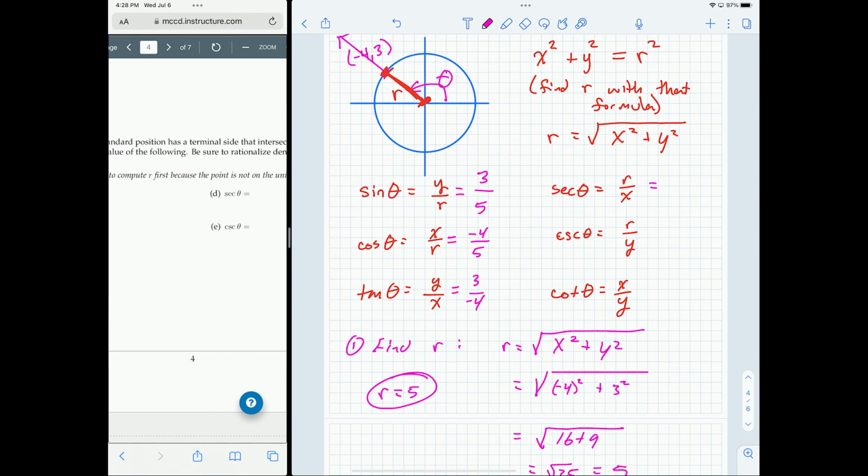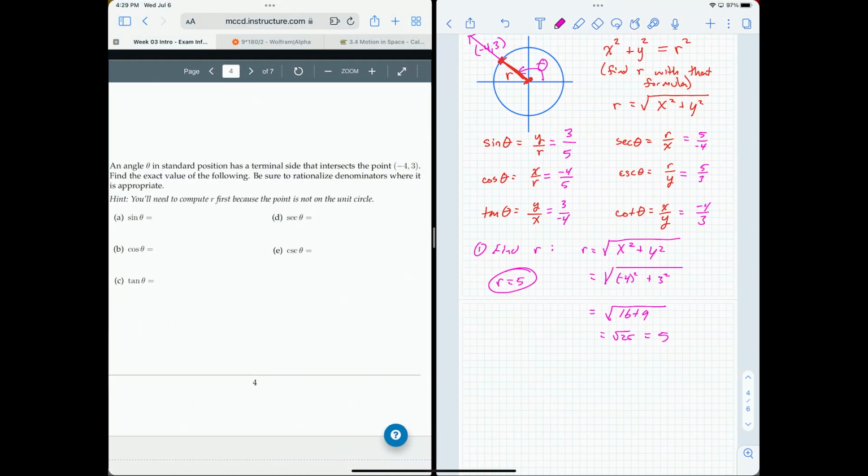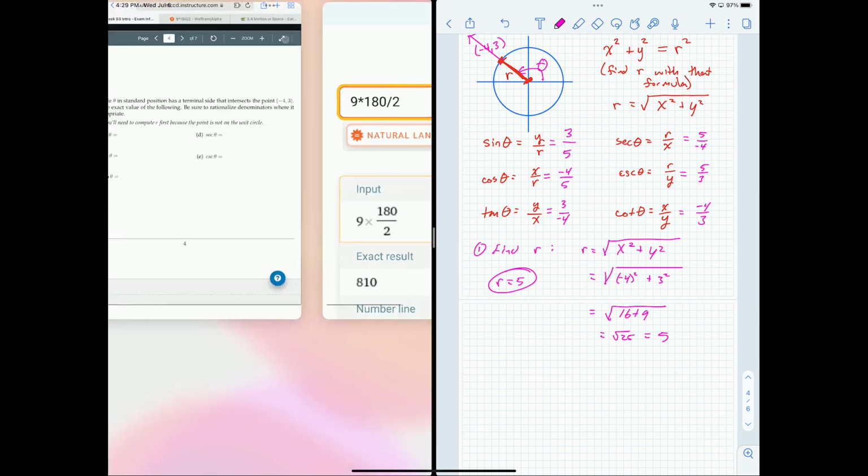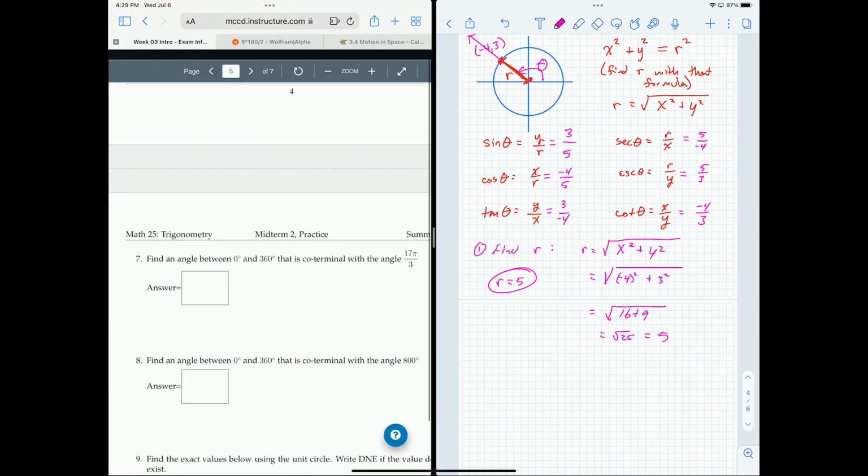Secant theta, the r is 5, the x is -4. Cosecant, the r is 5, the y is 3. And cotangent, the x is -4 and the y is 3. So again, there's 6 of them. I only asked for 5 of them in the problem, but I just wanted to make sure you had all of the formulas. And so that's how you do it. Okay, next question.